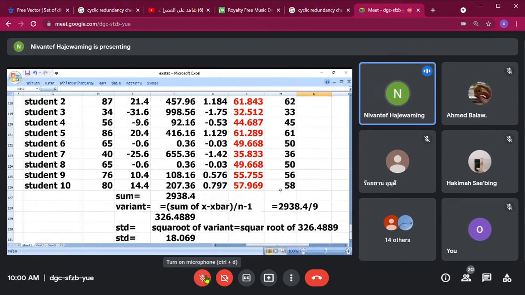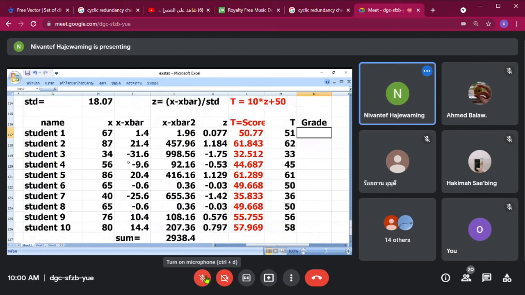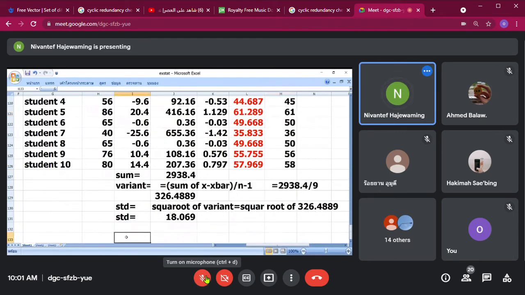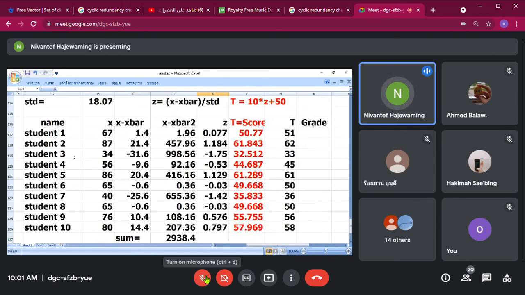First, we find the maximum, right? The maximum is 86, the score of student number 5. When converted to the T score, the maximum is 61, right? And the minimum is 34 for the raw score, but when we change to the T score, you get 33.